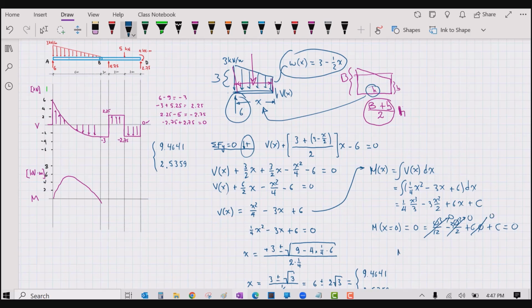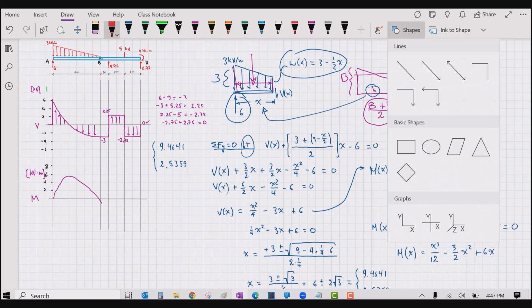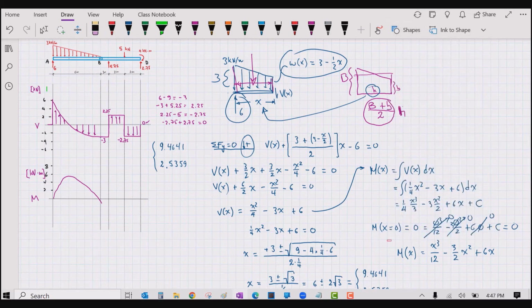So the equation of moment becomes, with c being 0, x cubed over 12 minus 3 halves x squared plus 6x. That's it. So that's our equation of moment.